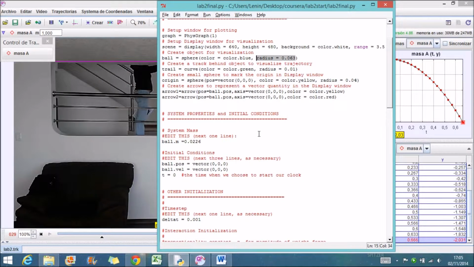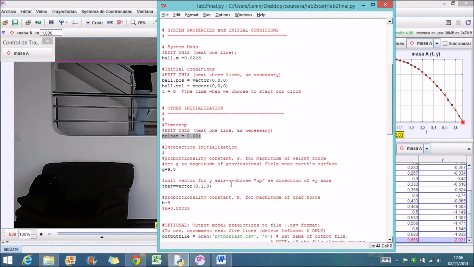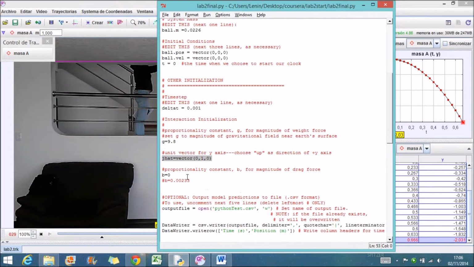In the first model, we put some information in phi2: the radius of the ball, the mass of the ball in kilograms, the initial position, the initial velocity, the time start at 0, the time step, the constant g, the j hat vector, and the proportionality constant b equal to 0.